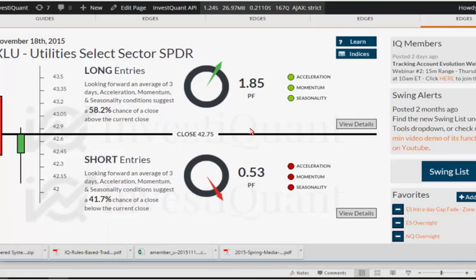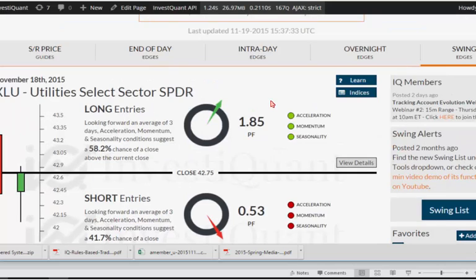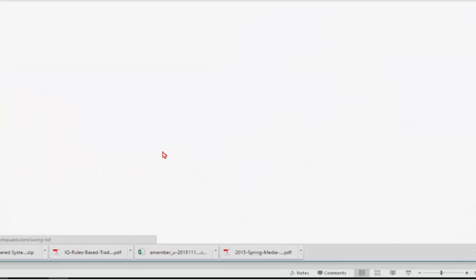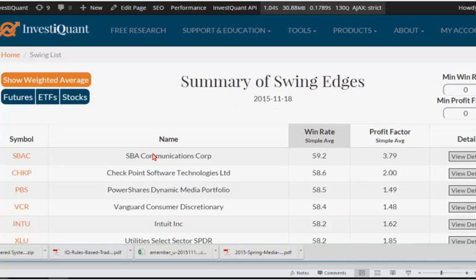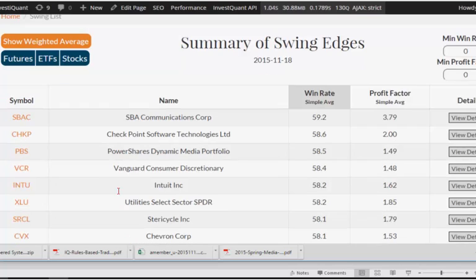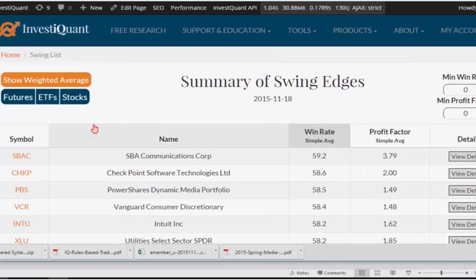So this is the current guide for XLU, and if I go to our swing list here, this shows all of the stocks in our database, and right now I think we're tracking 5 or 6 futures, mostly the index futures and oil.